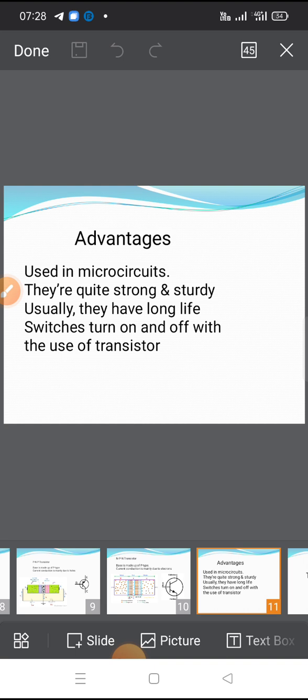They can be used in integrated circuits where many transistors are fabricated on a single chip. The PN junction diode is also used in LED bulbs and photodiode materials.